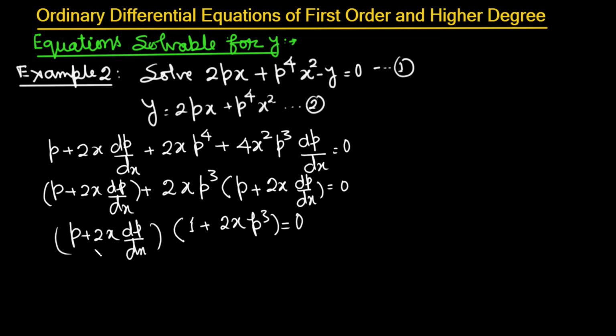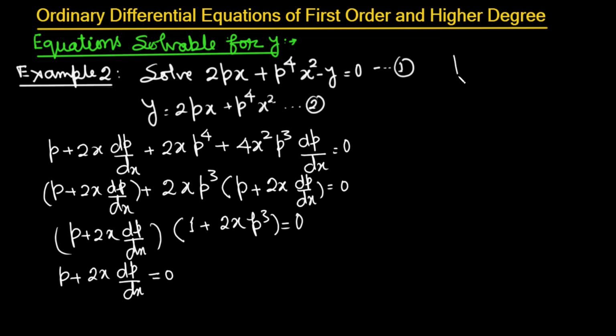So we are considering this factor, p plus 2x dp over dx, and we equate it to 0. This one is a first order and first degree ordinary differential equation with p as the dependent variable and x as the independent variable, and this is separable form. Okay, so we further simplify it.